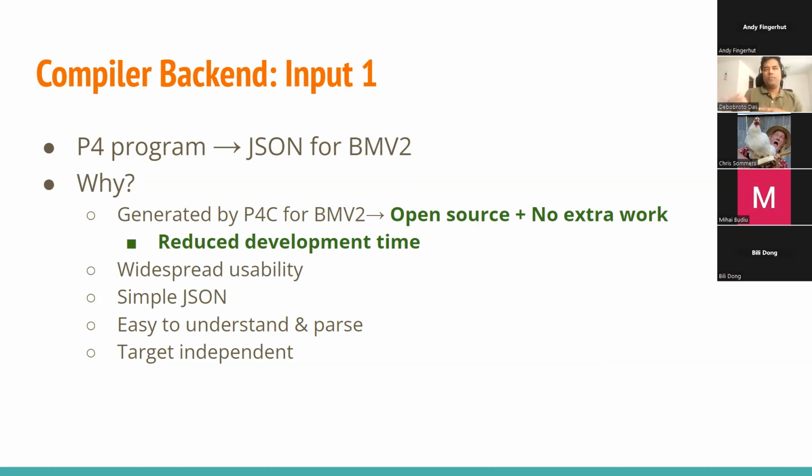The BMV2 JSON is easier to parse, simple to understand, and has a nice structure that reduces my development time. Most importantly, that JSON is a target independent representation. The whole goal of an intermediate representation is to be target independent so that I can plug into my compiler backend. That's why I picked this one.